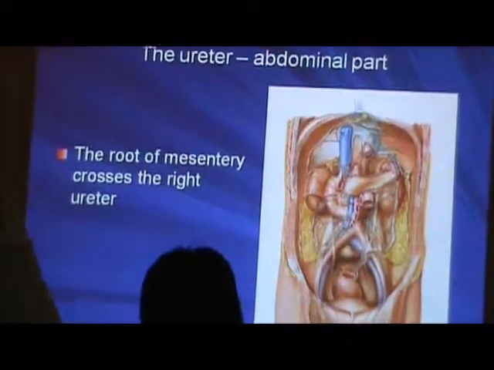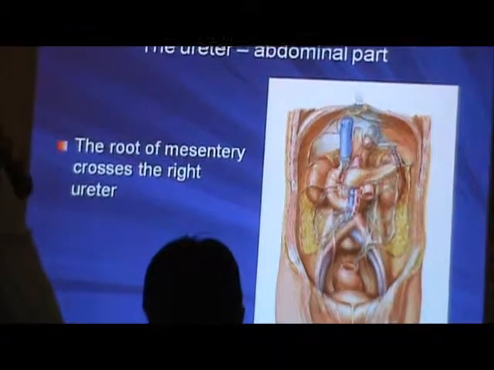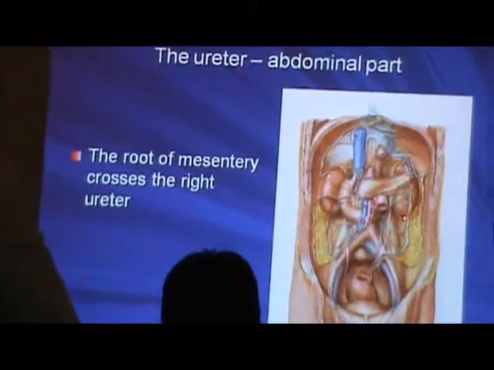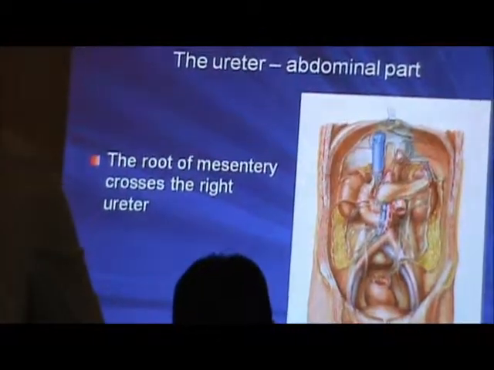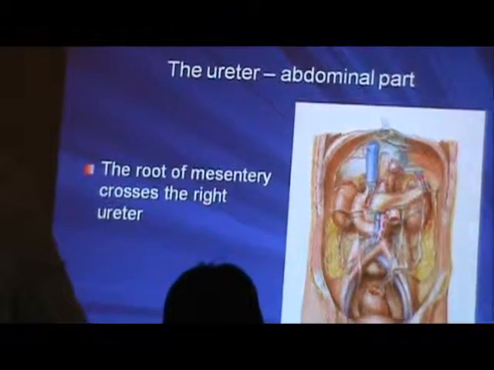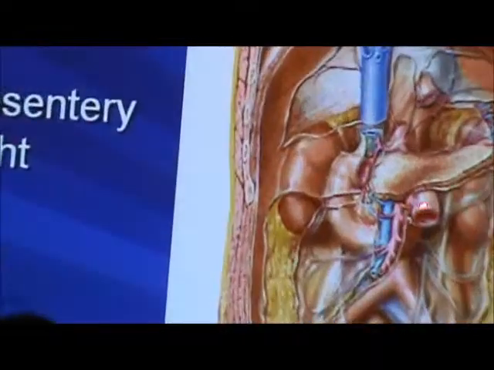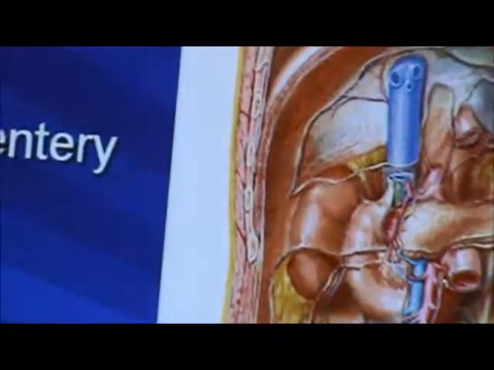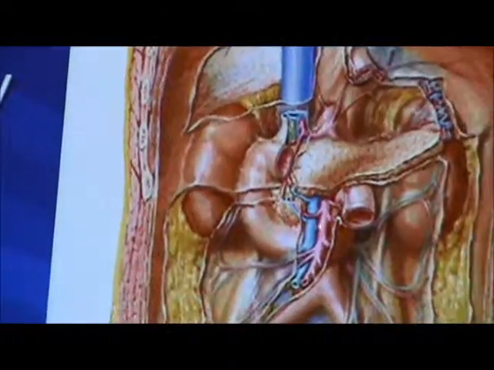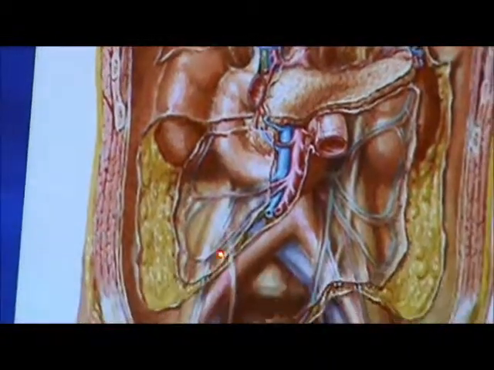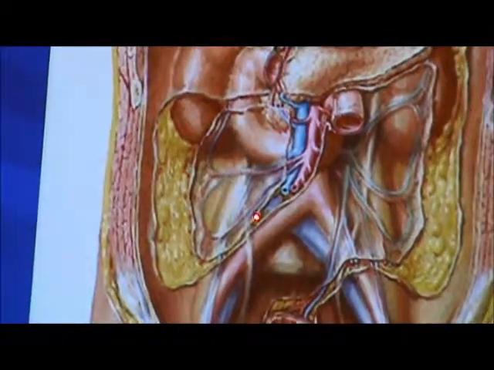Look, the abdominal part of the ureter is crossed by the root of the mesentery of the small intestine. Now the root of the mesentery is removed to show us this right ureter.